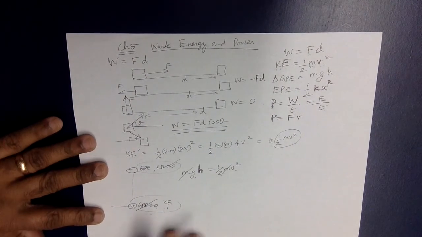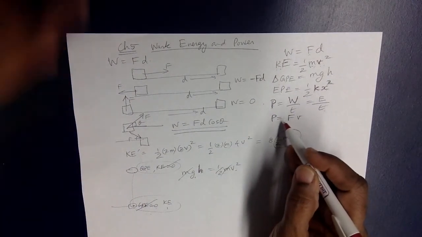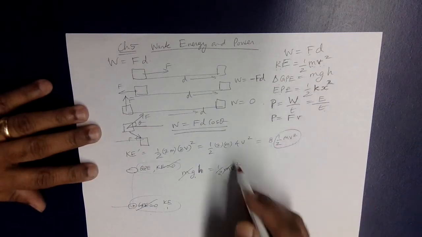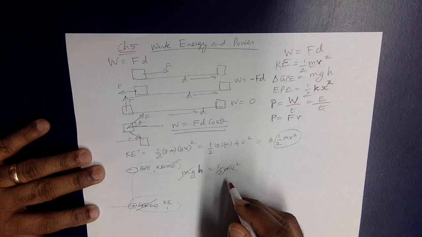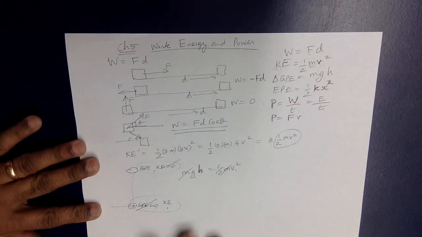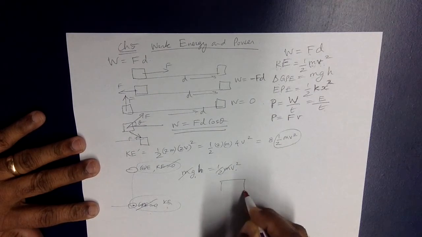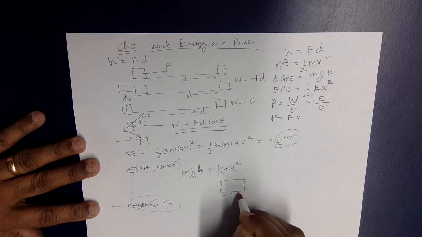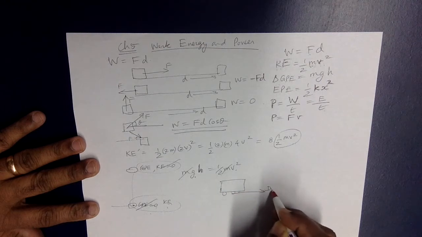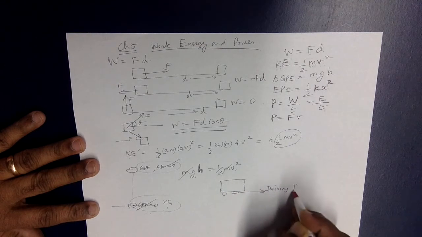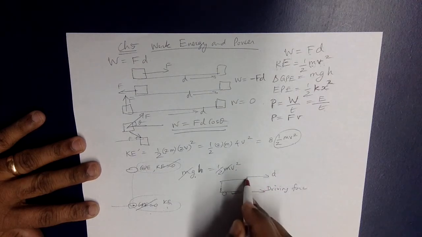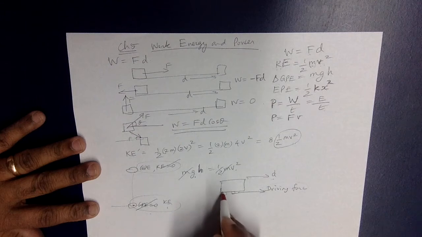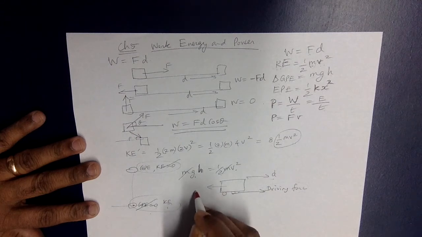Other than that, what you should know is, for example, if there's a car, there's a driving force making the car go forward. So the driving force is doing positive work. But there's a drag force here, like friction.